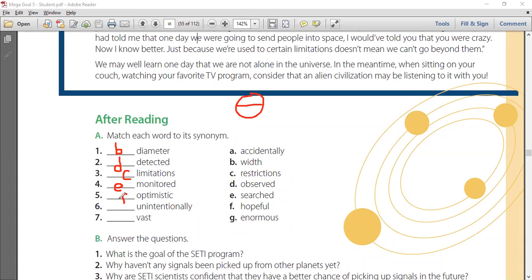Optimistic, hopeful. Number 6, unintentionally, which means, yes, accidentally. He didn't intend to do that, so it's A, accidentally. Number 7, the last one, vast, which means, yes, enormous. And that will be G. Thank you, all of you.